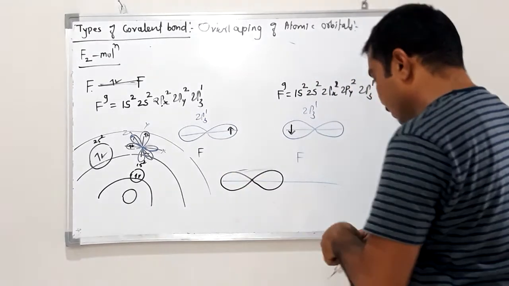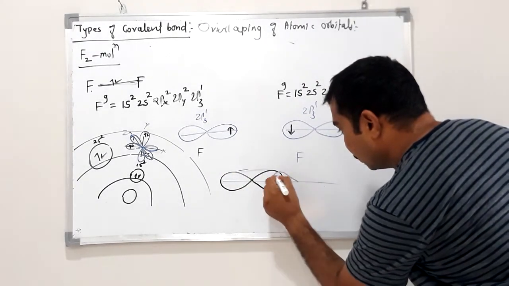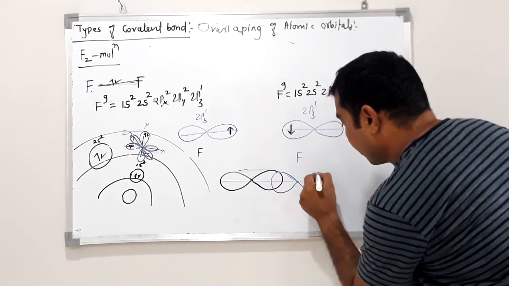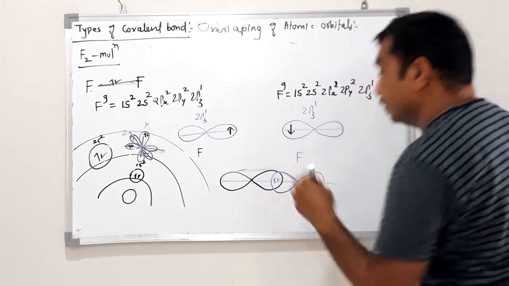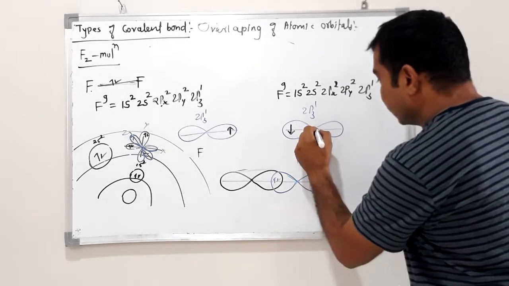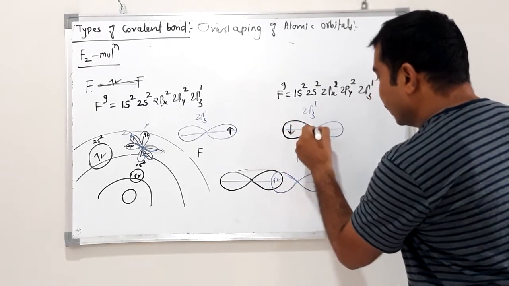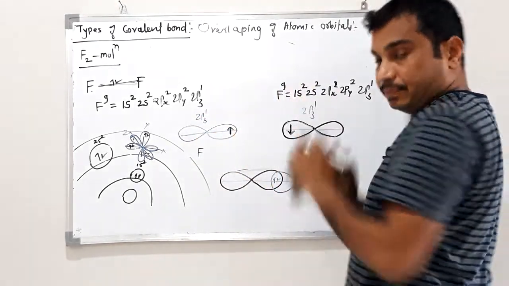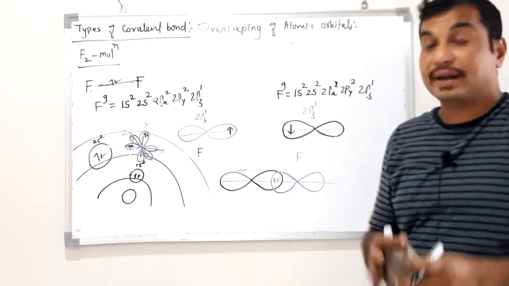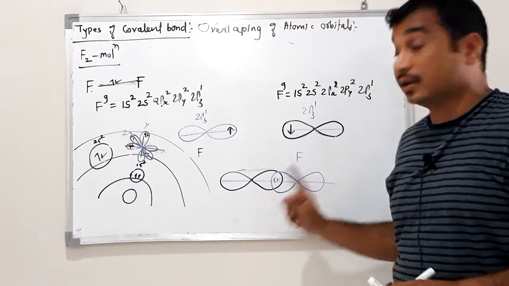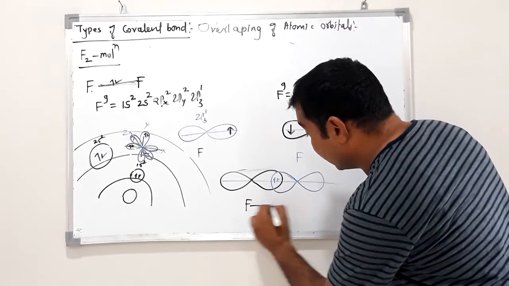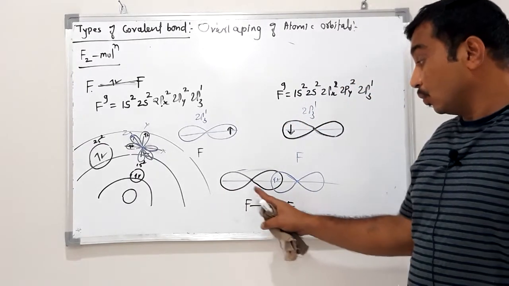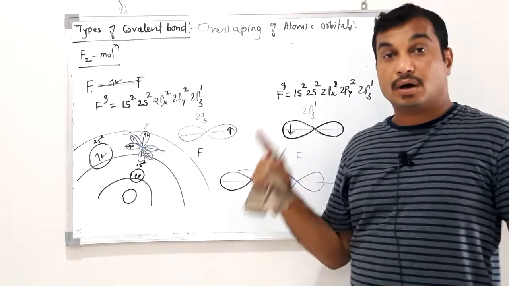First orbital, then second orbital, here overlapping takes place. This is the second fluorine atom. These two atomic orbitals approach each other and overlap, forming this bond, and fluorine atom 1 and fluorine atom 2 combine together by overlapping of atomic orbitals.